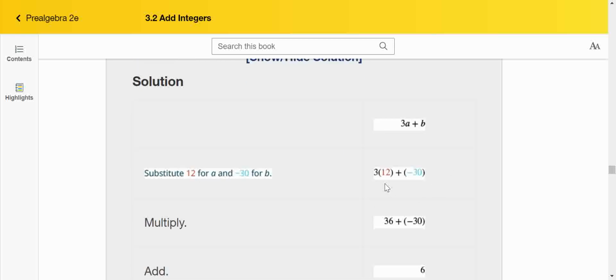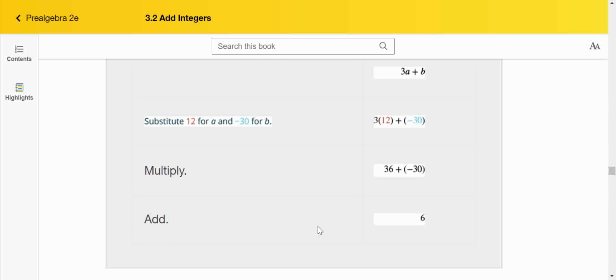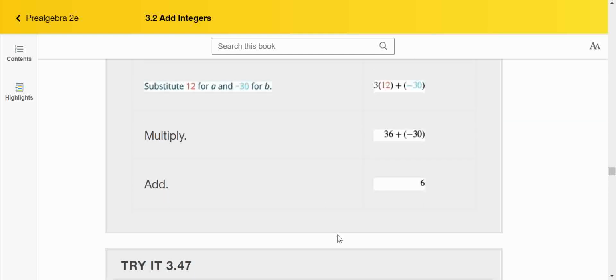So we do that here, you get 3 times 12 plus minus 30. Multiply: 36 plus minus 30. 3 times 12 is 36. Minus 30 follows through, becomes minus 30. And we add, we get positive 6.